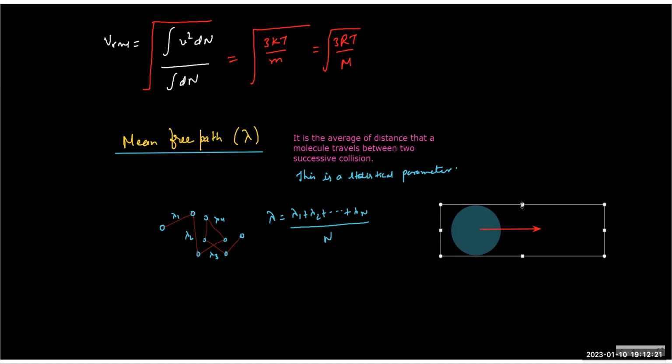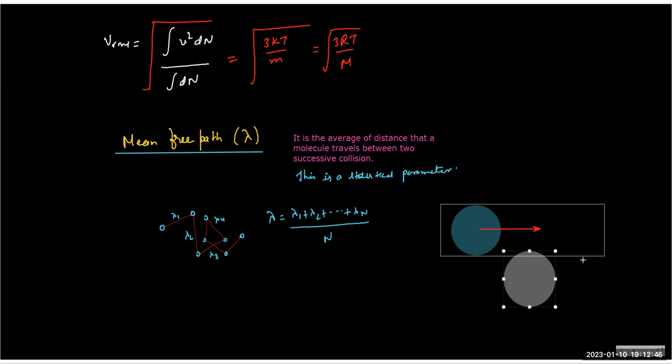What is the condition for collision with this molecule? Who all will collide with this one? The answer is very simple. Anyone which is in the path, let's say if you're here, you're definitely going to collide. Here, collision. Here, collision. Yes or no? Yes, sir.